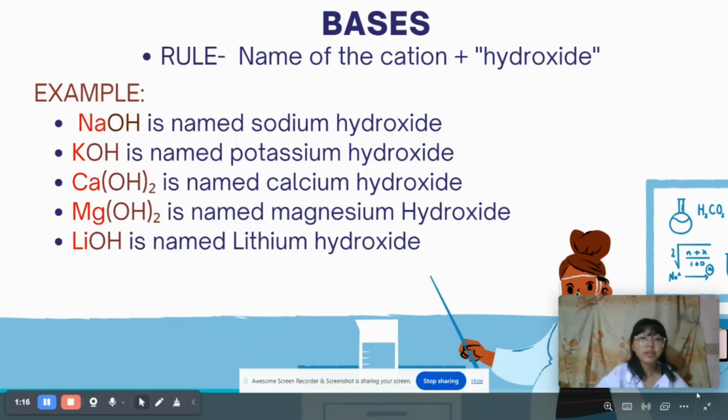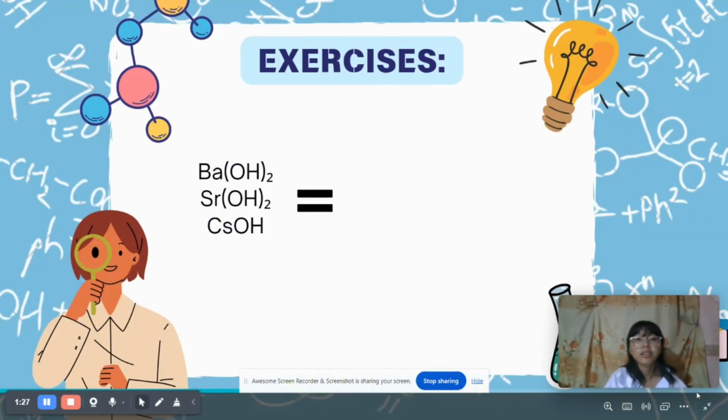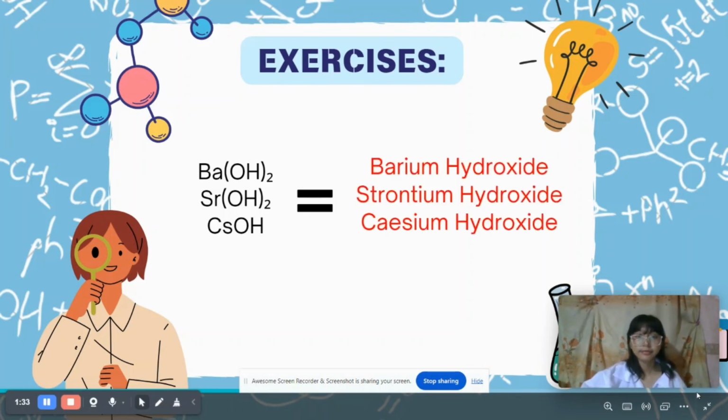As we can observe from these examples, it all starts with a cation and it all ends with a hydroxide. So we have here some exercises that you can pause to answer. And these are the answers for the exercises: barium hydroxide, strontium hydroxide, and cesium hydroxide.